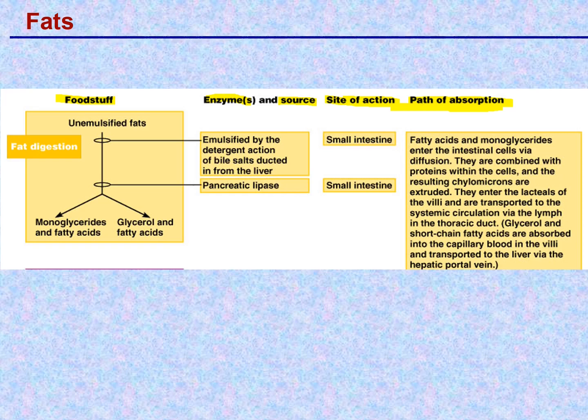So once it's emulsified, then the pancreatic lipase, the pancreas produces an enzyme called lipase.